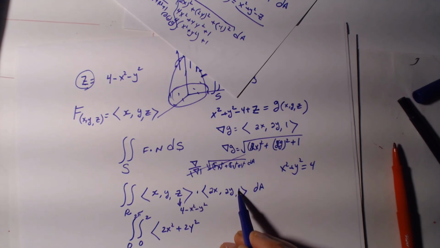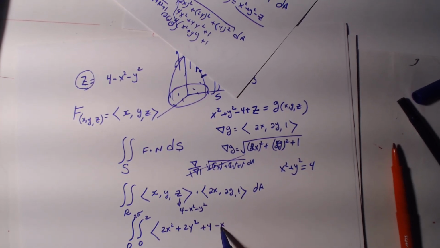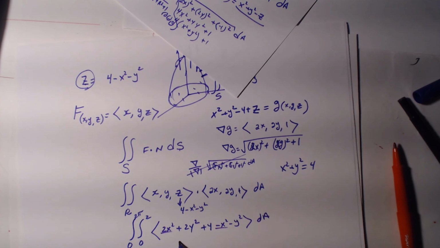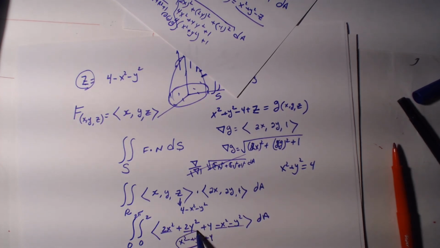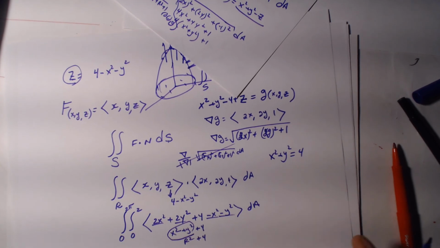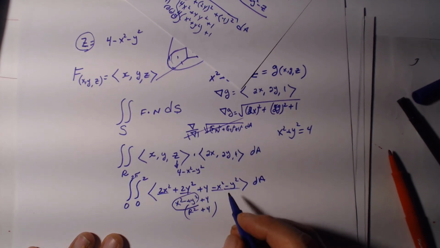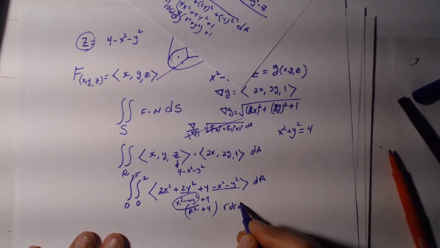And when I dot it with the 1, you get 4 minus x squared minus y squared dA. 2x squared minus x squared is x squared. 2y squared minus y squared is y squared, plus a 4. This is nothing except r squared plus 4. Therefore, your dA is r dr d theta.